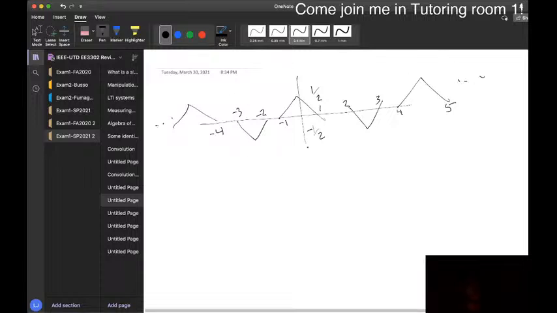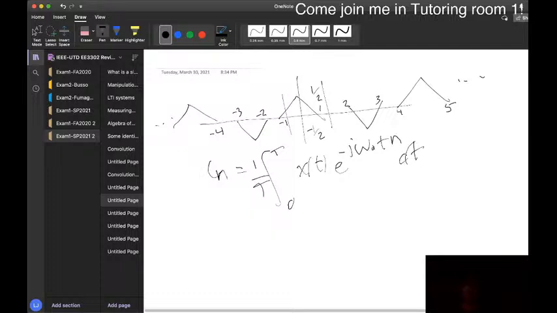Remember the Fourier series coefficients formula: Cn is 1 over T times the integral from 0 to T of x of t times e to the negative j n omega naught t dt. That's our formula for the Fourier series coefficients.